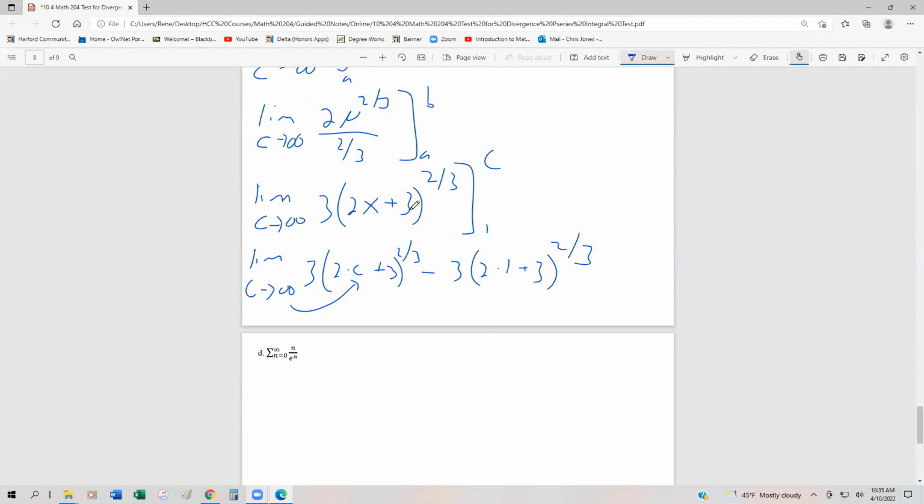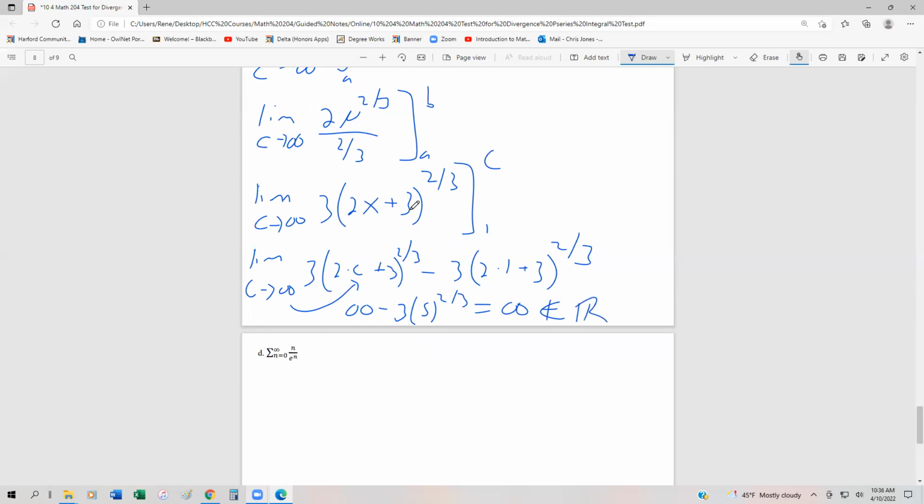The only time that it's going to go away is if c is in the denominator, or we have a negative exponent. So we just really end up with infinity minus 3 times 5 to the 2/3 power, which is equal to infinity, which is clearly not a real number.